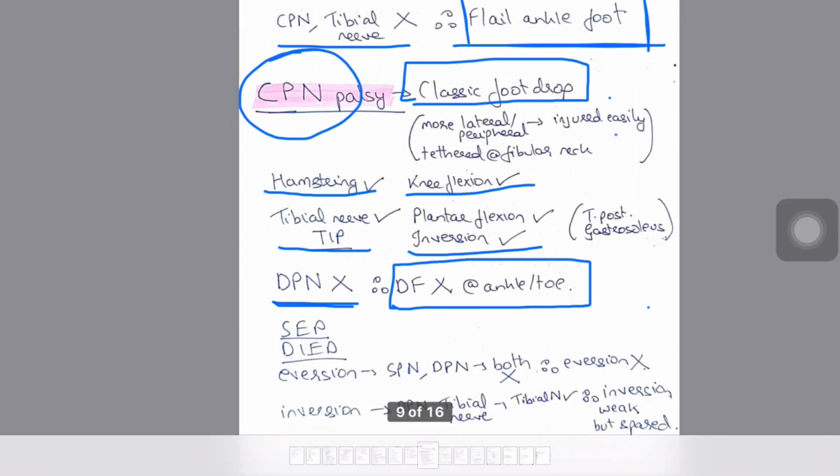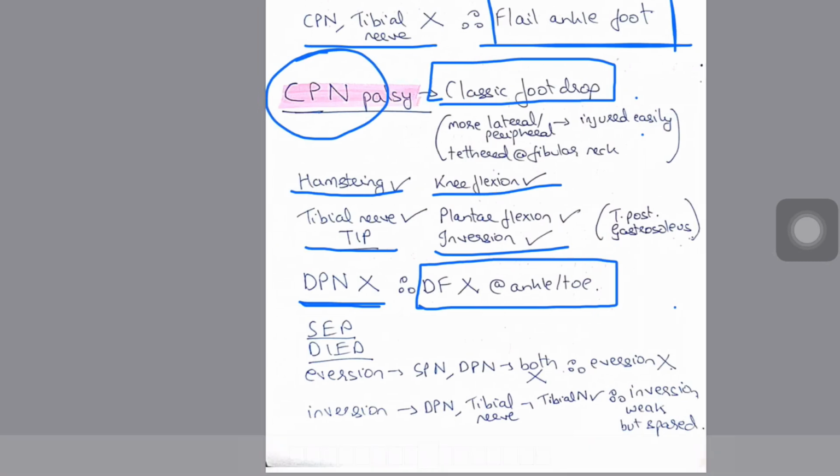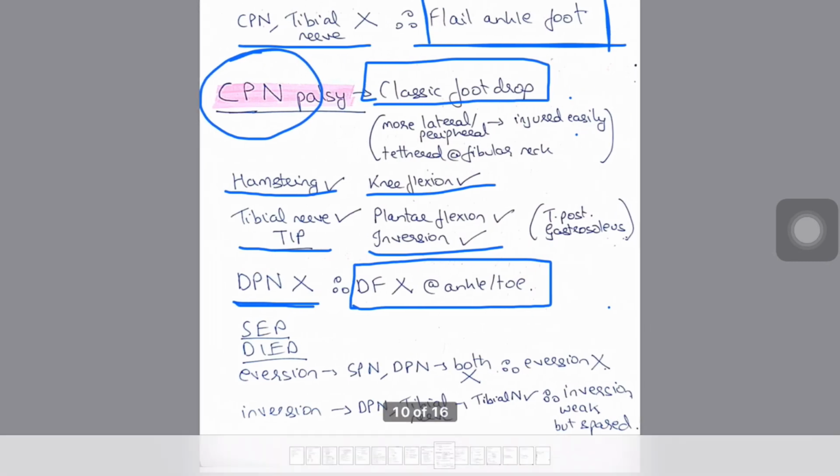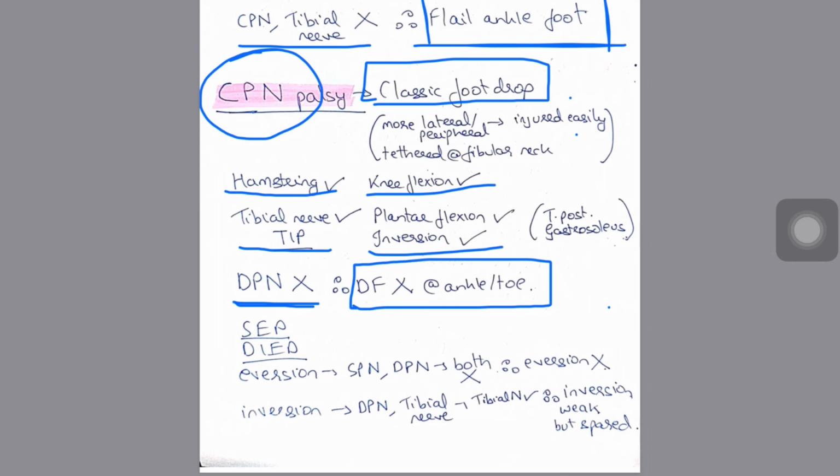Now about eversion and inversion. The superficial peroneal nerve, SEP, has the function of eversion and plantar flexion. The deep peroneal nerve, inversion, and dorsiflexion. So in common peroneal nerve palsy, both the superficial and deep peroneal nerves are gone. As both are gone, no eversion is possible.